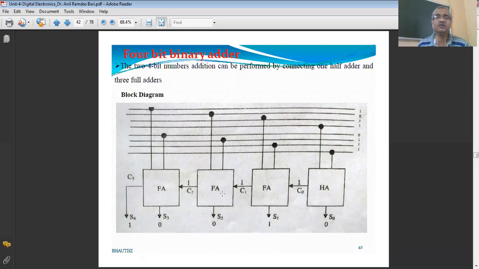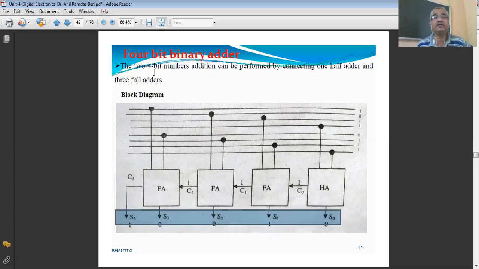So again this full adder will produce sum as well as carry, and in this way the sum and carry will move forward. So this is the last carry produced by full adder circuit. So this is the output of this 4-bit number.